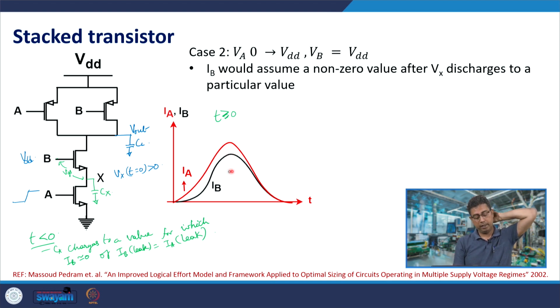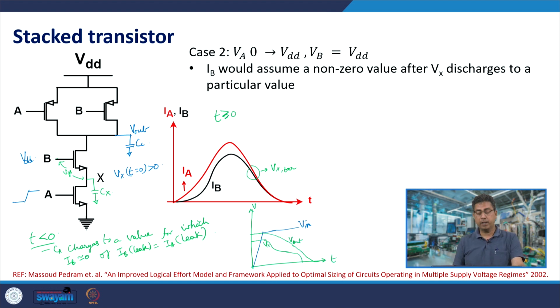Then node X is not further charged, and the currents IA and IB would match here. The value at which IA and IB match is called Vx target by the authors of this paper, and they assume that the currents IA and IB would match when Vx reaches Vx target.